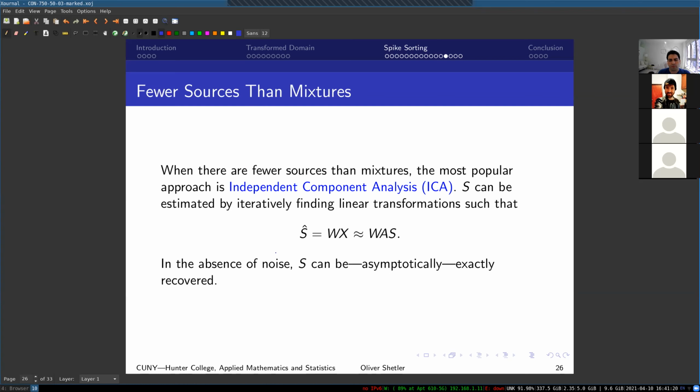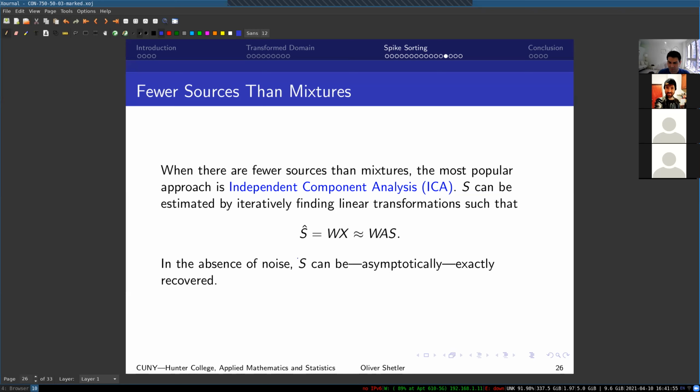So when there are fewer sources than mixtures, the most popular approach is independent component analysis. And in this case, basically S can be estimated by iteratively finding the linear transformations such that S hat is equal to W times X. I don't want to get too deeply into this, but the main point is that if there is no noise, then it's provable that this estimator algorithm will asymptotically converge to the true source array.